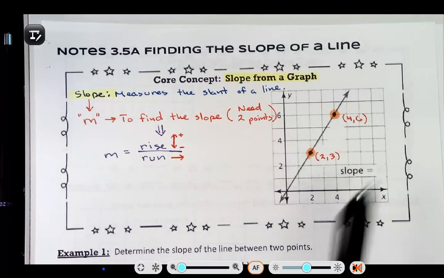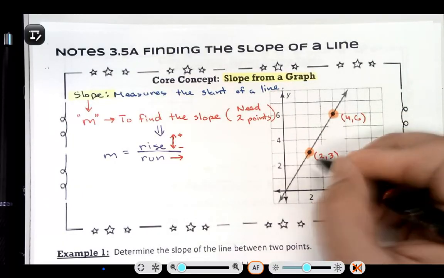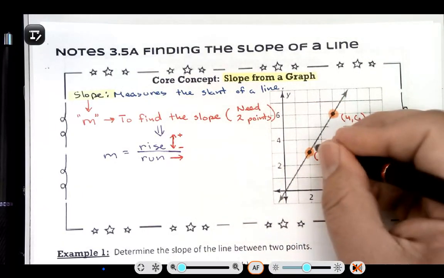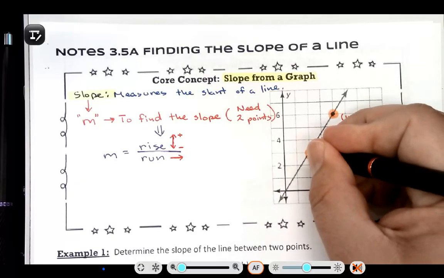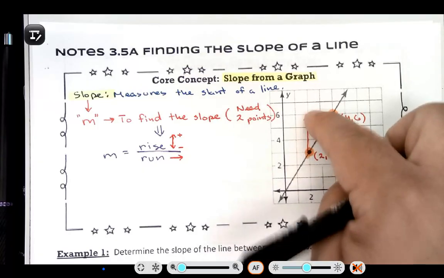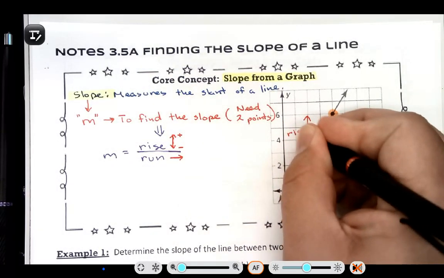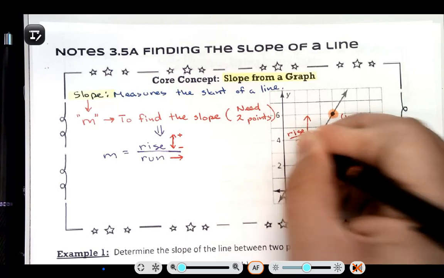Now, we can see this picture here and use it to help us out. I want to know how to get from this point to this one. Remember, not backwards. We go left to right. So I'm going to start counting, and I go 1, 2, 3. Look at that. I have to go 3 blocks up. So my rise for this one is 3.